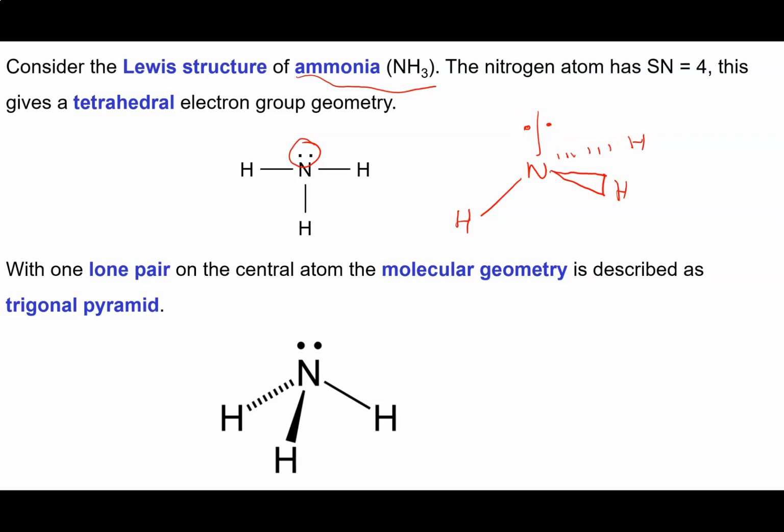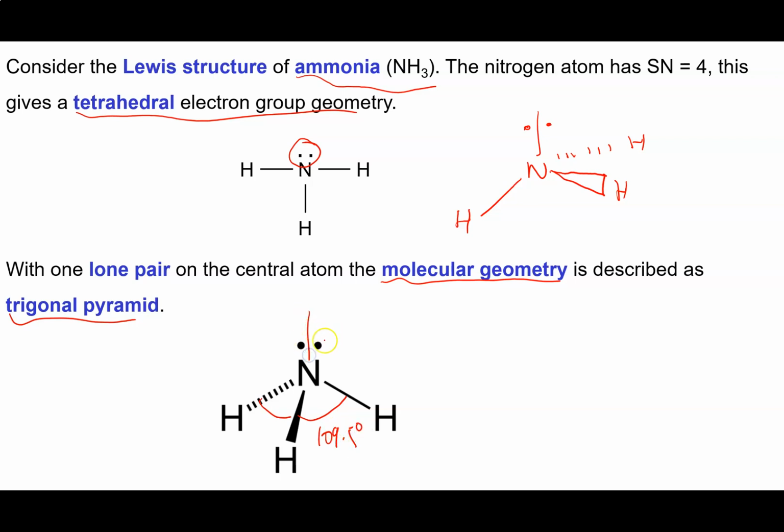Now, when you have the tetrahedral electron group geometry and one of your electron groups is a lone pair, the molecular geometry is referred to as trigonal pyramidal. The ideal tetrahedral bond angle is 109, or 109.5 to be precise.